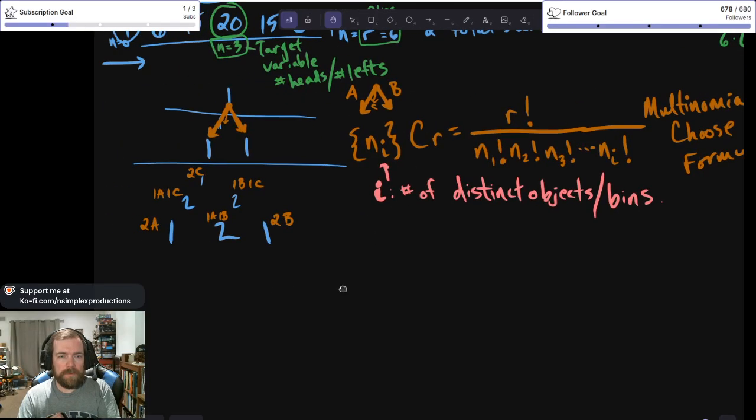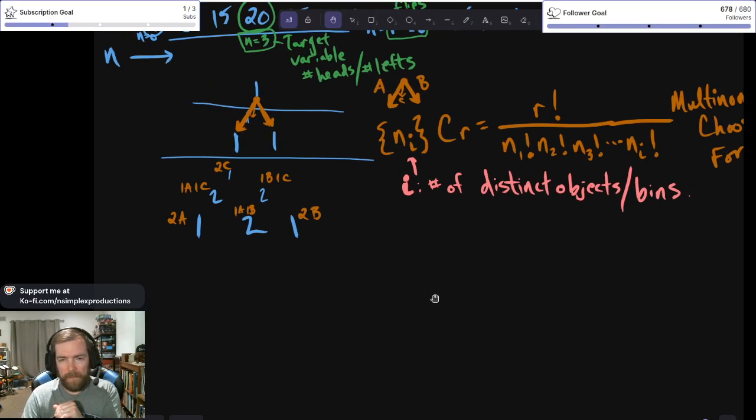So if the number of each object, n1, n2, n3, etc., ends up being, I forget, the sum of all of them needs to be r.